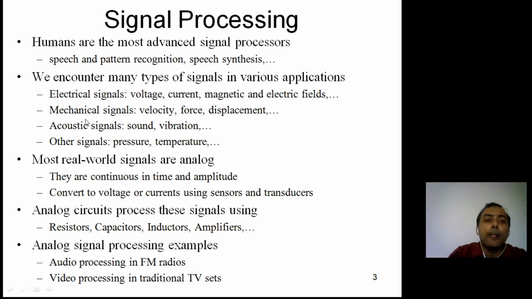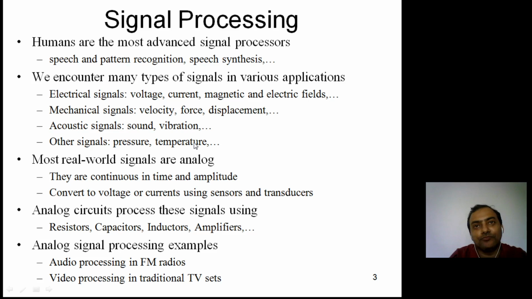Magnetic signals are velocities, force and displacement. Acoustic signals are sound and vibrations. You know your mobile set has vibrations, and you are familiar with that. Other signals are pressures and temperatures, which you know very well.